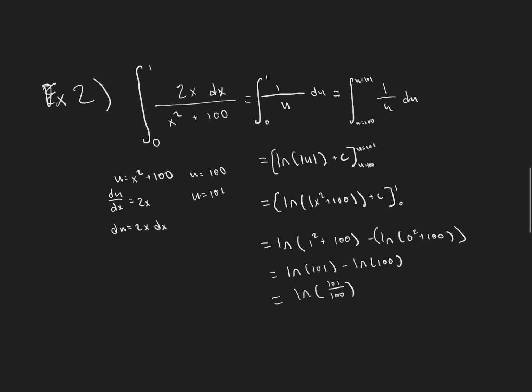So that is the area under the function 2x divided by x squared plus 100.